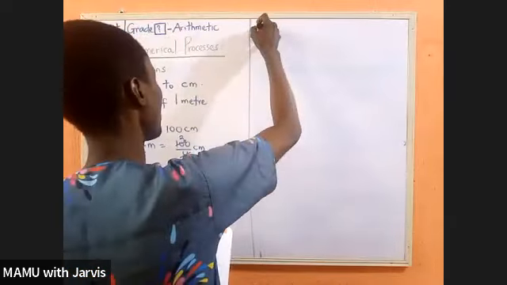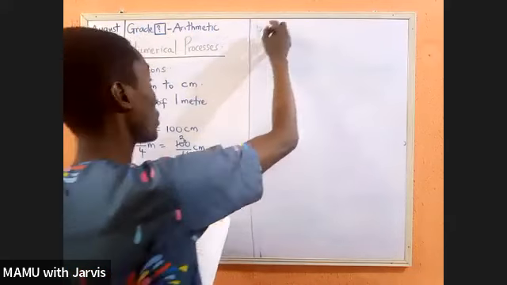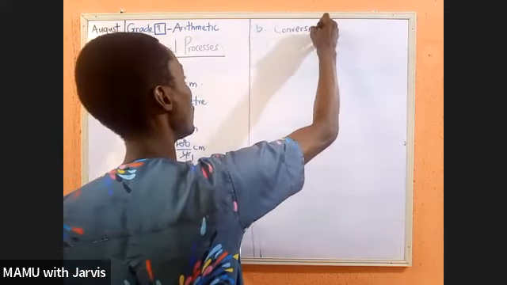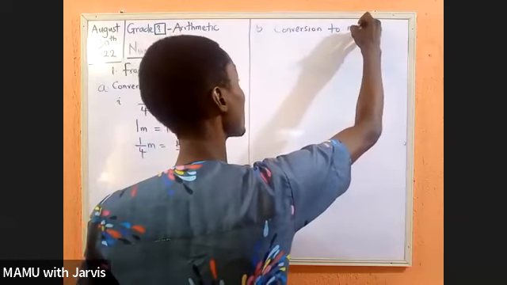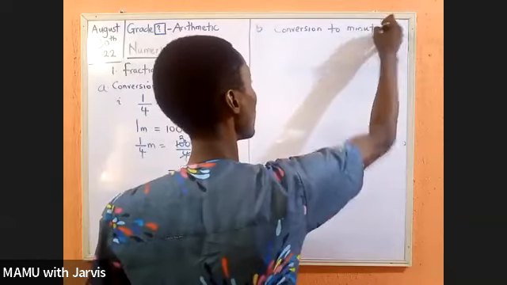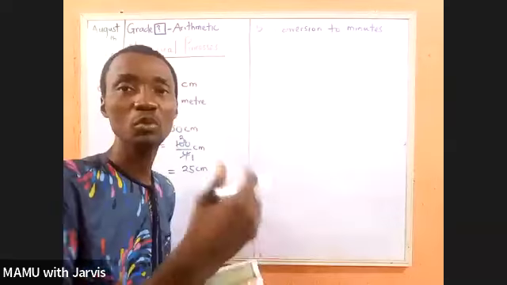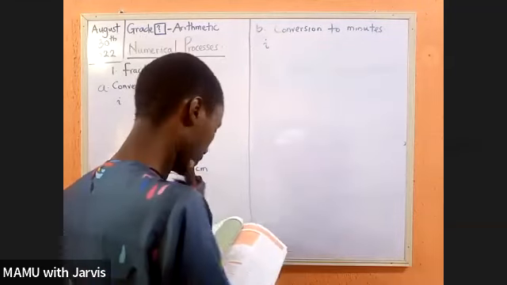Now let's take the next idea. The next idea talks about conversion to minutes. In this context, we are converting from hours to minutes. So let's take a Roman figure 1 there.